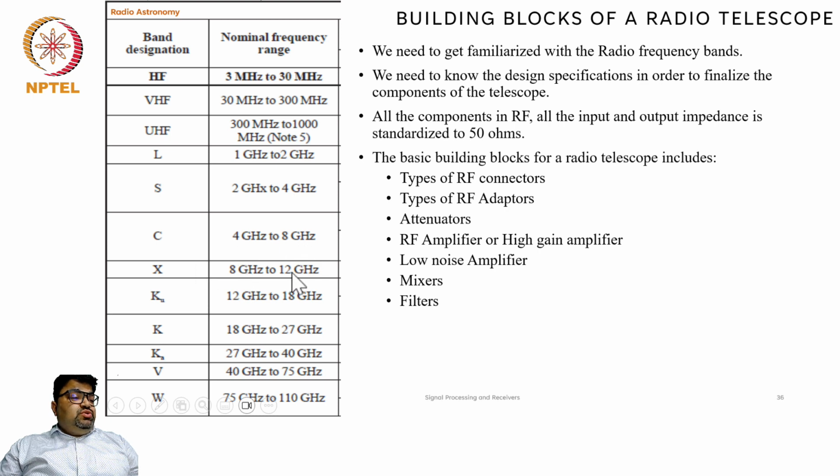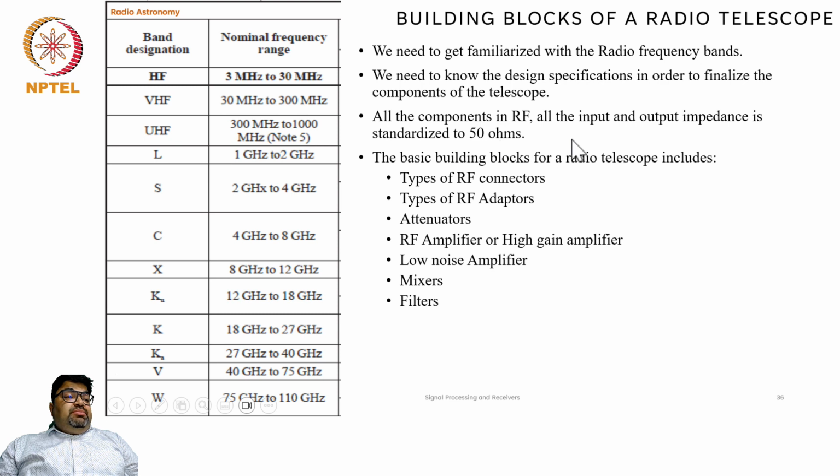X is 8 to 12. Ku band is 12 to 18. K is 18 to 27. Ka, or K above, is 27 gigahertz to 40 gigahertz. Then V band is 40 to 75, and W band is 75 to 110 gigahertz. There are higher bands also, but this is what we will be concentrating on, mostly below 4 to 5 gigahertz.